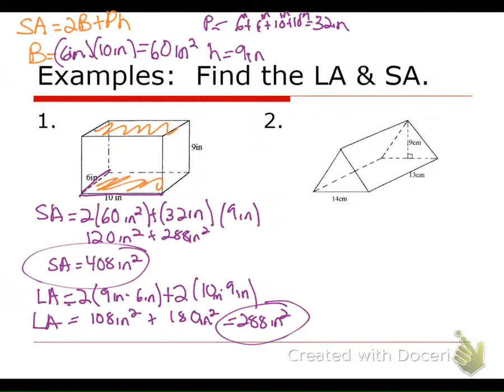So we see you have 120 inches squared plus 288 inches squared. And we found 288 inches squared. That went with the second half of that formula. So we know that our lateral area formula, so lateral area, is going to be the second half, perimeter times height. So that's this formula here.